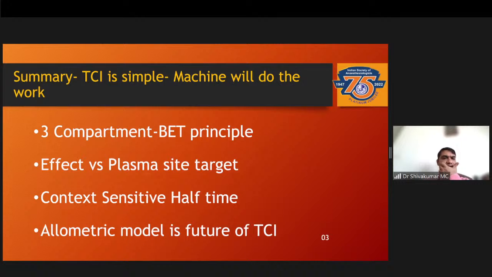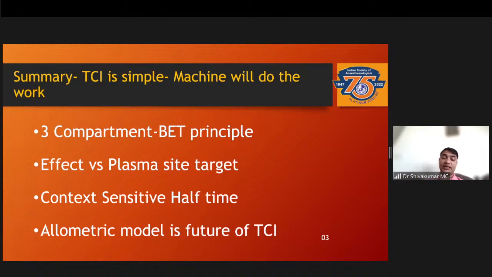To summarize, TCI is a simple machine that will do most of the work, but we should understand the basic pharmacokinetics, how target controlled infusion works. Without understanding the pharmacokinetics and pharmacodynamics, using the TCI pump will make things worse. This is based on the 3-compartment model. We should understand what effect site targeting is and what plasma site targeting is.